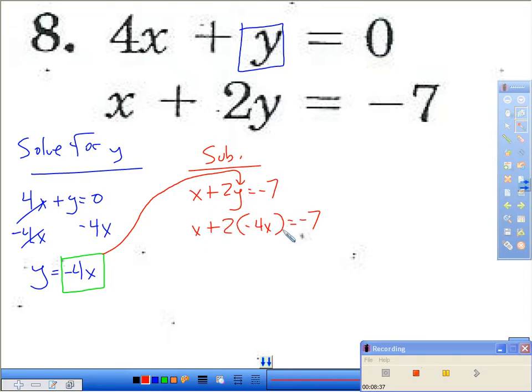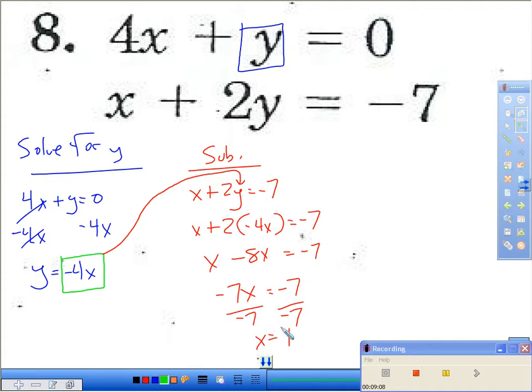If we have an equation that just has one variable, we can solve for that variable to find the value of it. So when we multiply, we end up with negative 8x. So x plus negative 8x, or we can just write that as x minus 8x equals negative 7. Well, x minus 8x is negative 7x. Divide both sides by negative 7, and we'll get that our x value is positive 1.